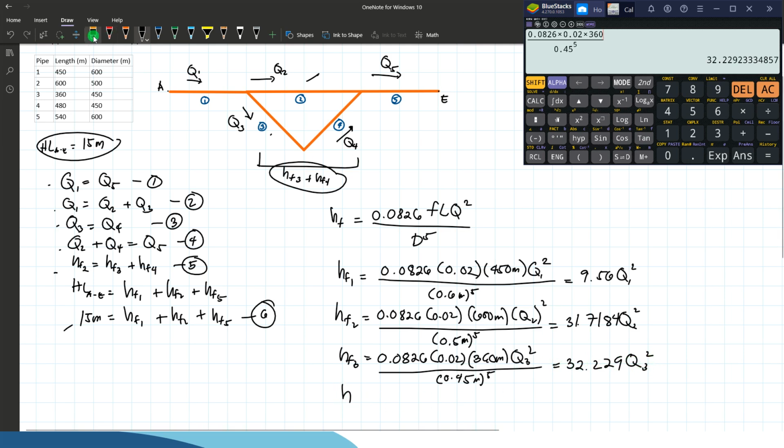Okay, just use 3 decimal places. HF4: 0.0826, 480. It's 450 also.